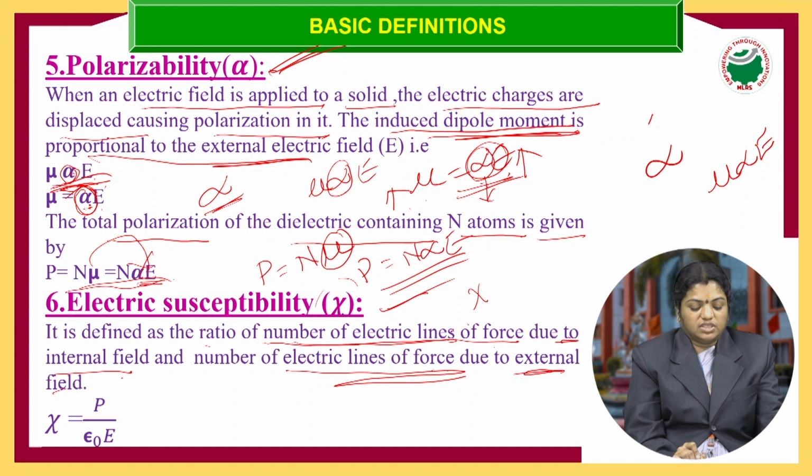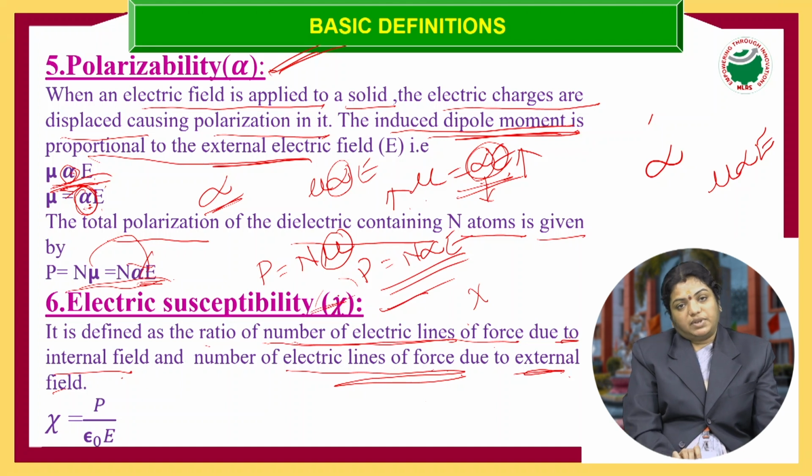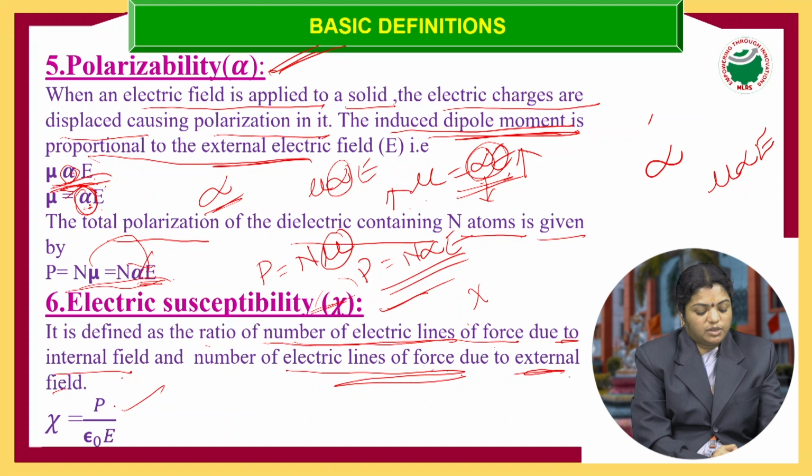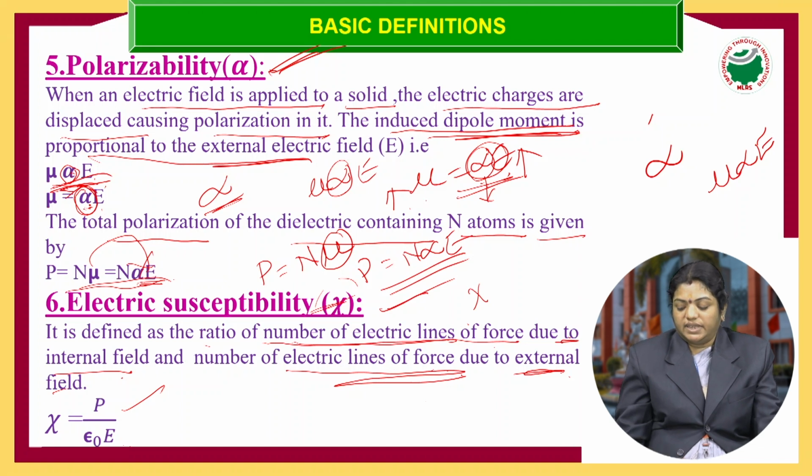This ratio is called the electric susceptibility. This is a very important parameter. Then susceptibility is equal to P by epsilon naught into E.